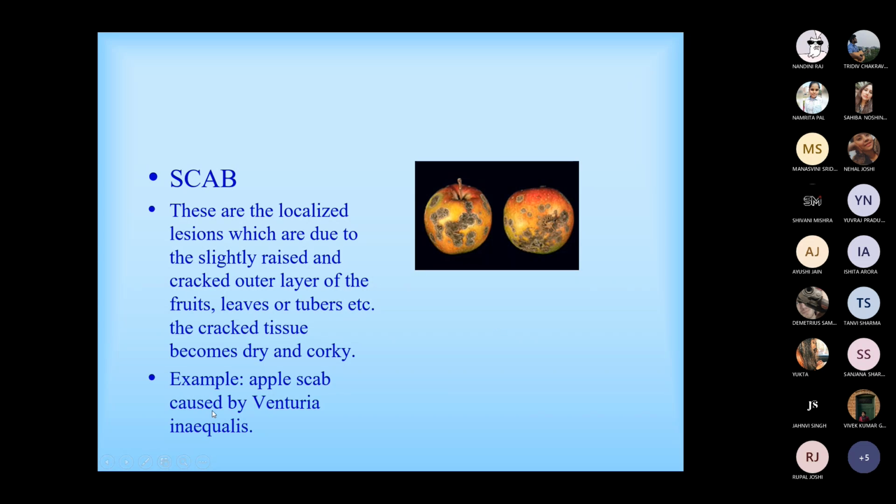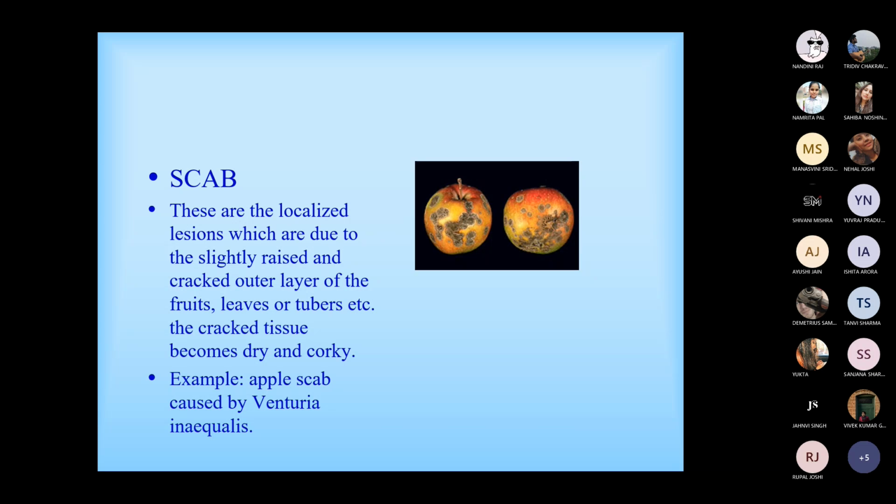Apple scab, which is caused by Venturia inaequalis, was one of the very important diseases which reduced the economic value, because nobody is going to buy apples showing these symptoms. Maybe if you cut the skin the inside will be fine, but visually they look very sick, and people will think they cannot buy such things because they will not taste good.